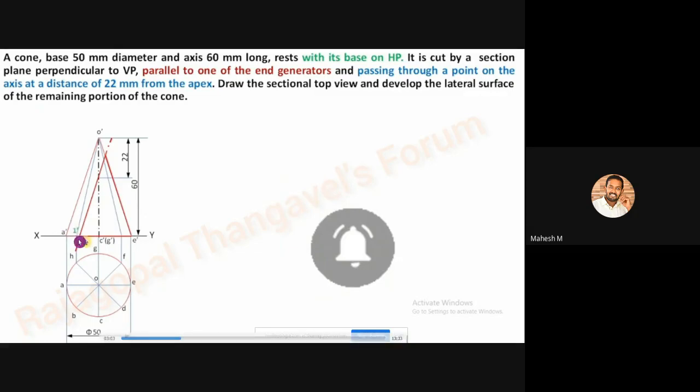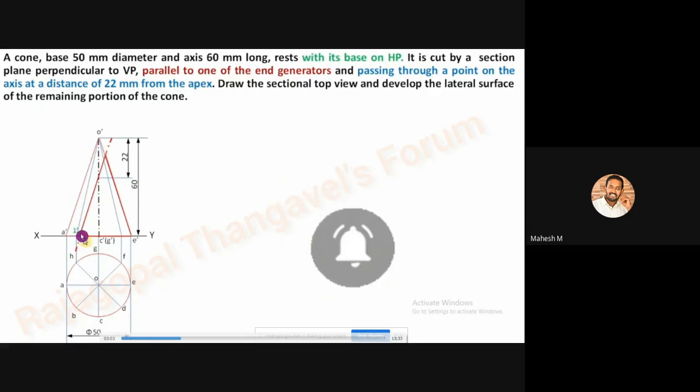Similar to that, we can't identify the other cutting points from the front view itself. So you have to project this cutting point towards the top view. This particular cutting point is touching the base, right?